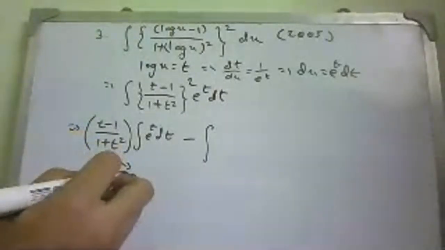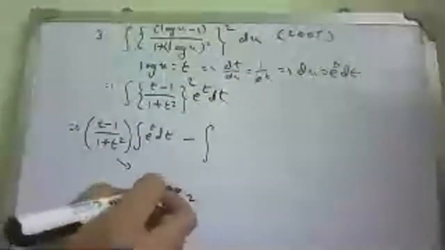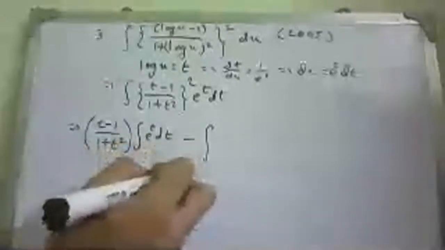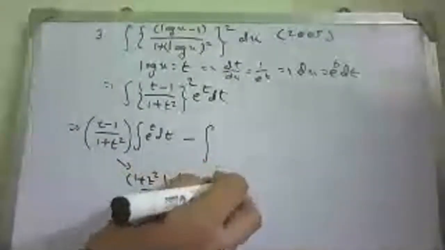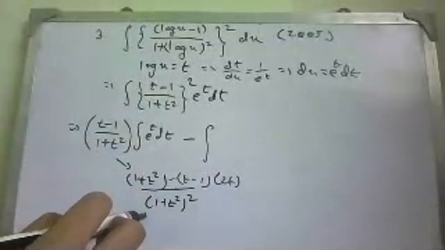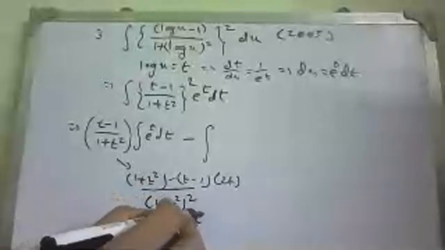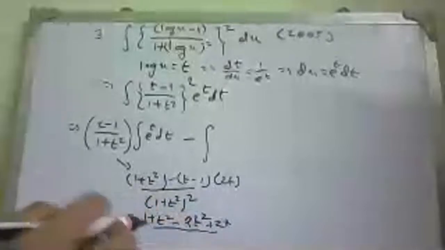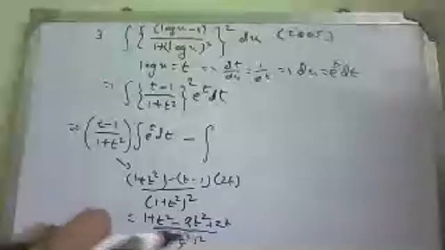Differentiation of this particular expression is denominator squared, 1 plus t squared, minus t minus 1 times 2t. So if we solve this expression, we get 1 plus t squared minus 2t squared plus 2t over 1 plus t squared whole square.